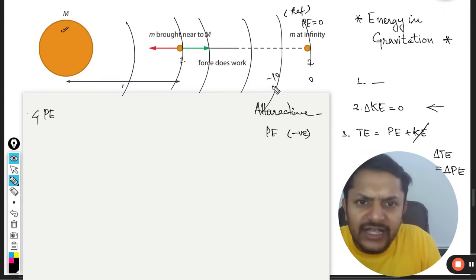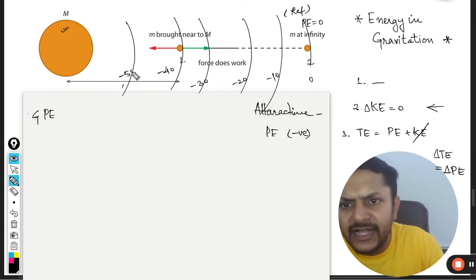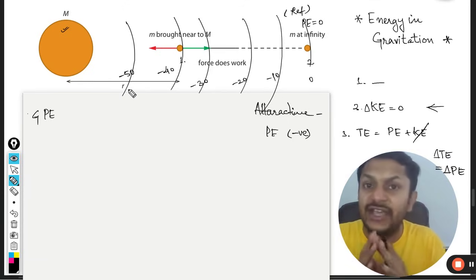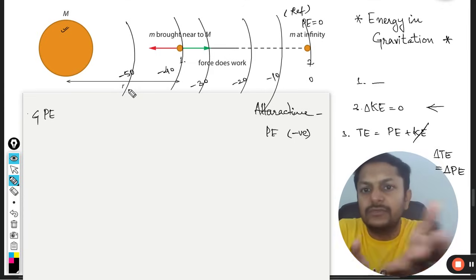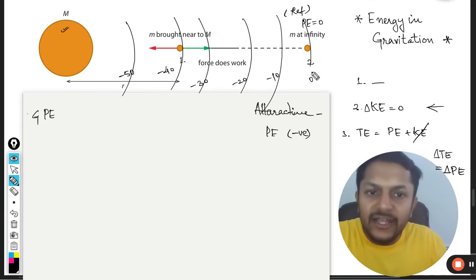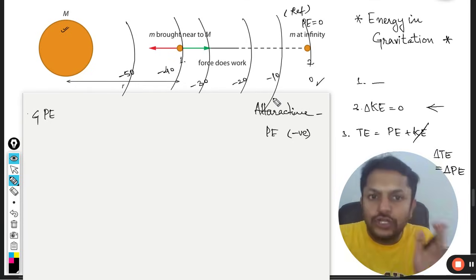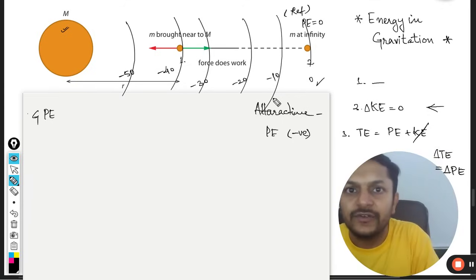At these points I'm just taking examples: -10, -20, -30, -40. Let's say here it is -50. Obviously this is just an example that I'm taking. It is never like that, these are very simple values that I'm choosing. So it is zero at infinity, and the closer you come to an astronomical body, the potential energy starts becoming negative.